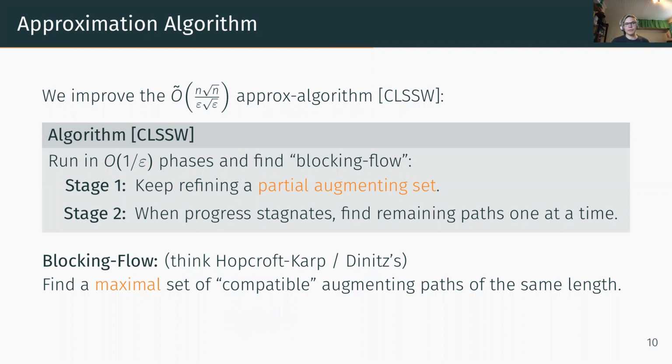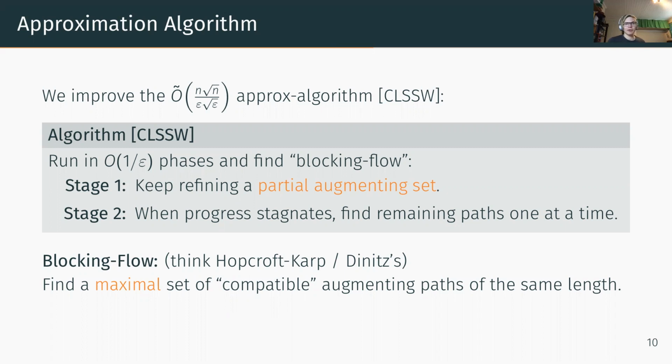For a blocking flow, we can think of a maximal, not maximum, but a maximal set of compatible augmenting paths of the same length. Think of this as in Hopcroft-Karp's bipartite matching algorithm, or Dinic's max flow algorithm, which also work with these blocking flow ideas.